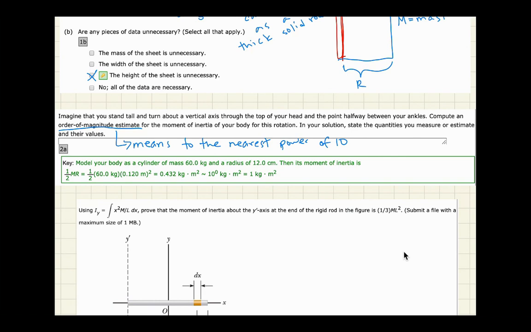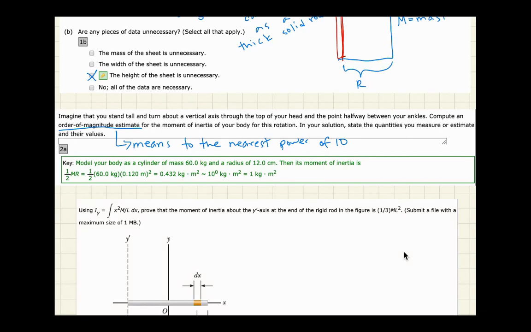And so obviously your mass is going to vary, and your shoulder width is going to vary, but it doesn't really matter for this question because we're approximating it to the nearest factor of 10. And so if you're off by, you know, 10 centimeters, it's not going to make a difference in the long run.